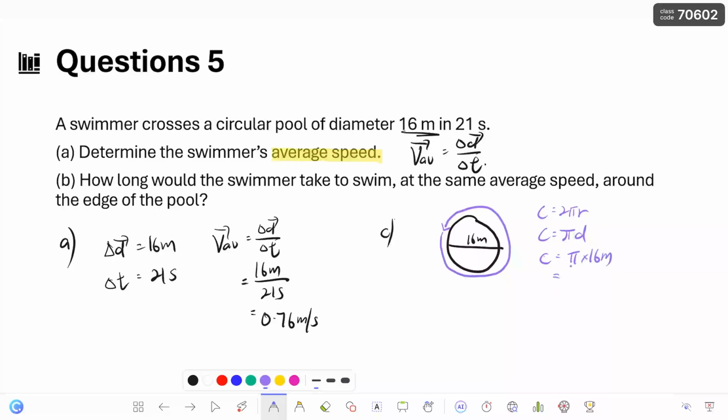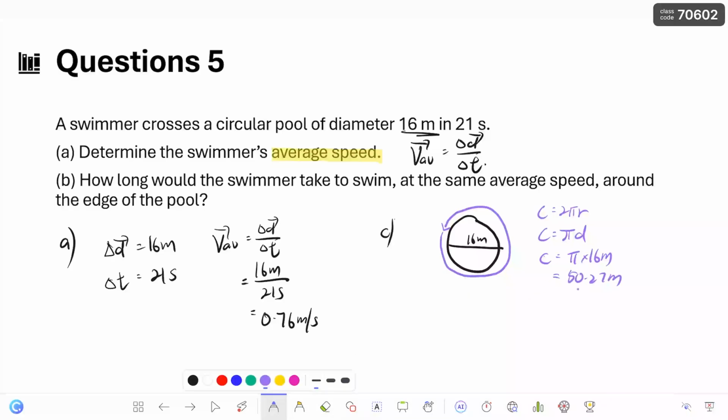So it should be 15.27 meter. Sorry, it's 50.27. So it's 50.27 meters.